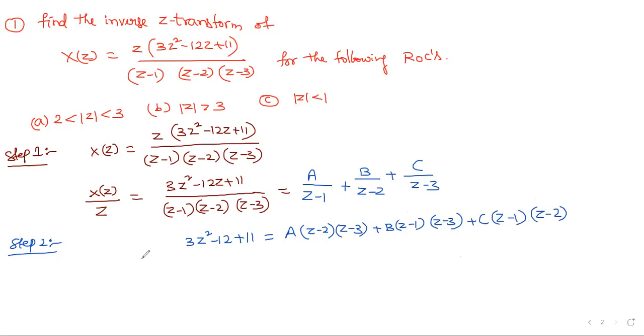First, let z equal to 1. What do we get here? 3 into 1, 3, minus 12z. Here I forgot z, this is 12z.